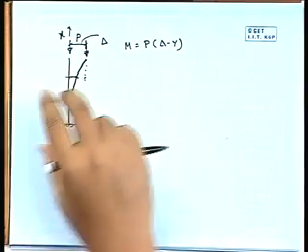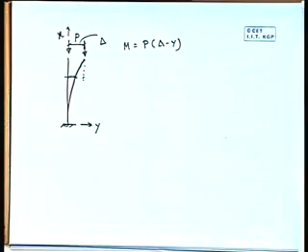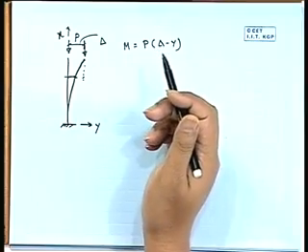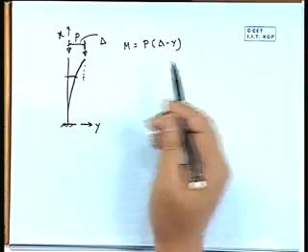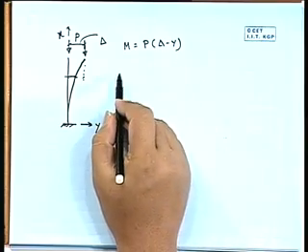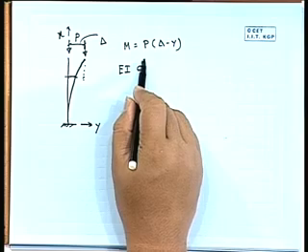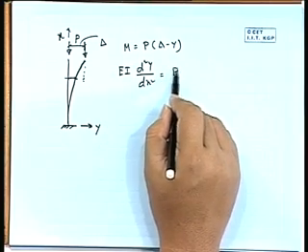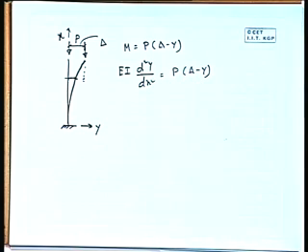Now if we look from this side, that moment is giving a hogging type of moment, or it will give a positive curvature. So the slope is positive, that is increasing with x. So it will give a positive curvature. So we can write EI d2y dx square equal to P into delta minus y, right.